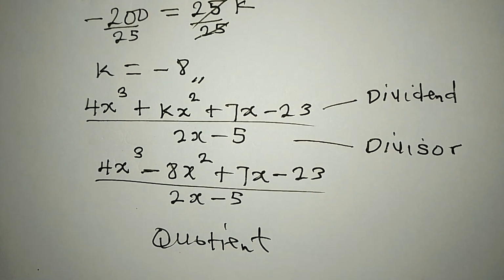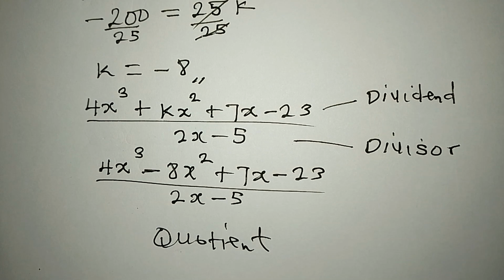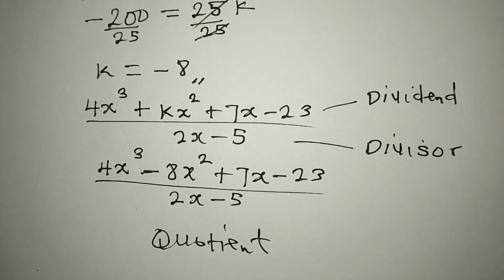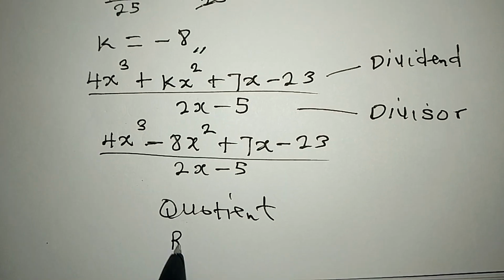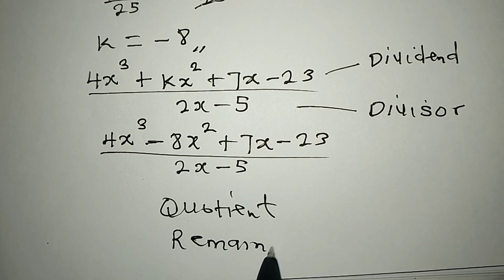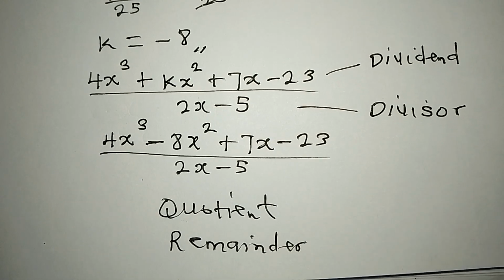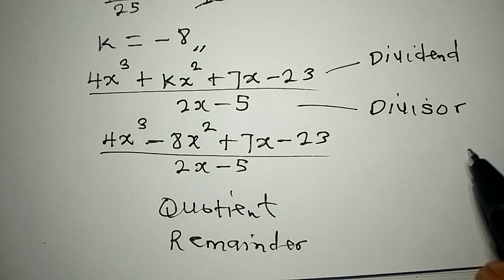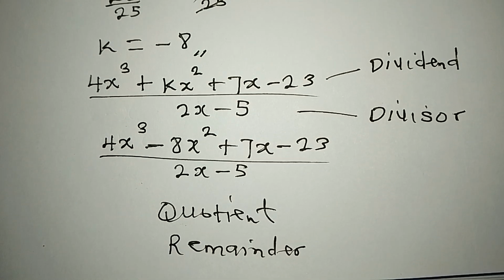It's called the quotient, right? So you have to take note of these three whenever you're dealing with polynomials. As a matter of fact, you should also remember there is always the remainder. Okay, so take note of these four: the dividend, the divisor, the quotient, and the remainder.